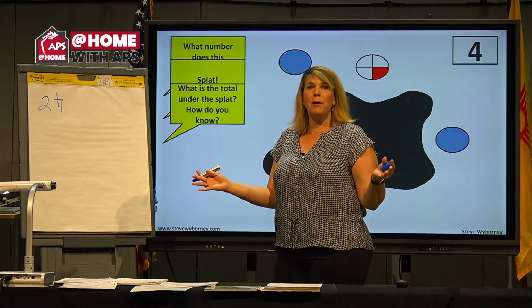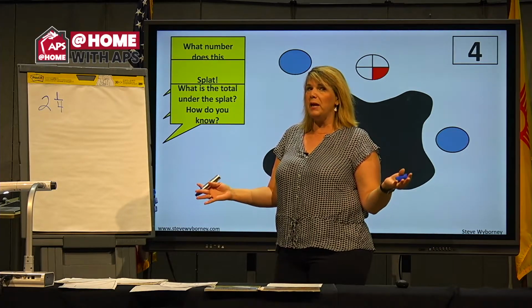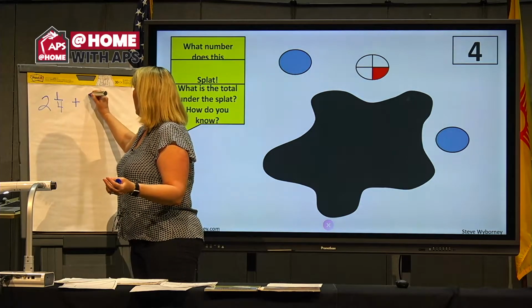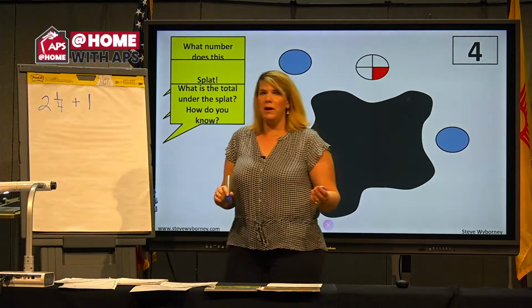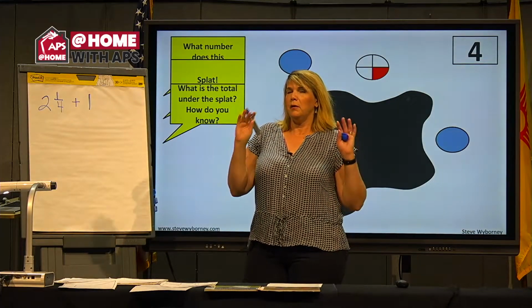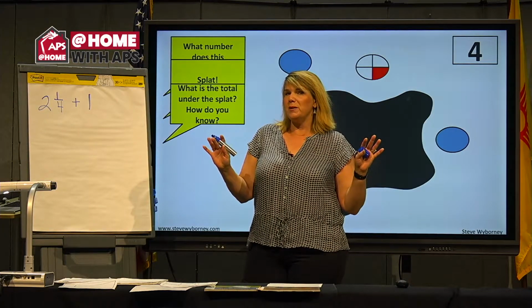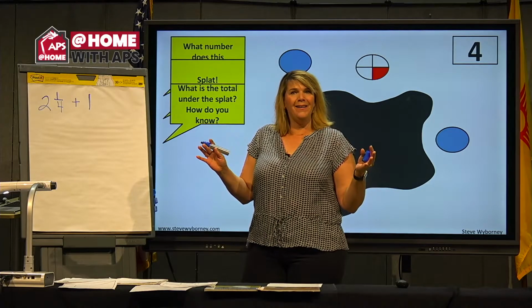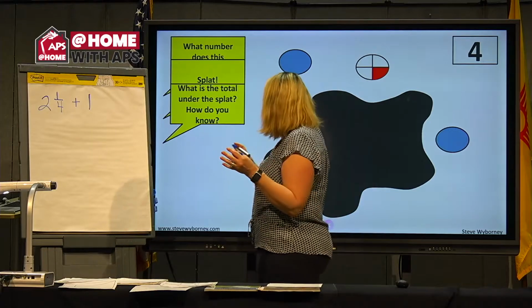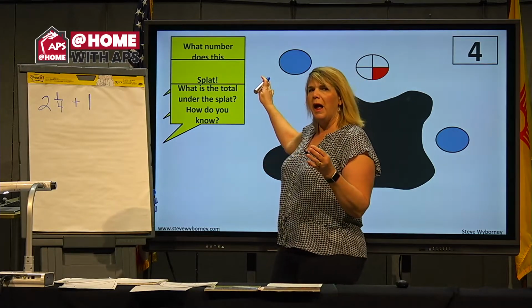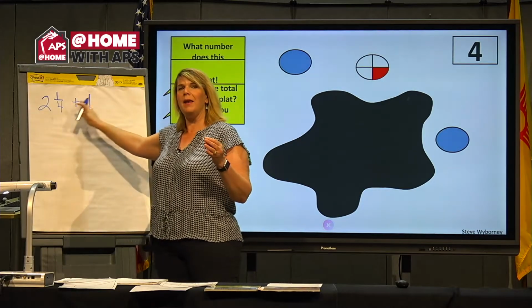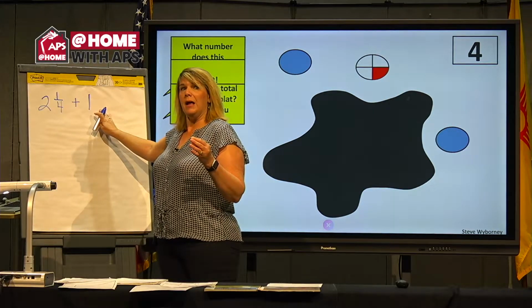All right, you might remember before we said that we had 3 whole pieces, so we know we probably need at least 1 more of those whole pieces. The question would be, do you remember what was underneath the splat? Maybe let's think. I know we have 1/4. If we have 2 of one whole and 1 other whole, that's 3.